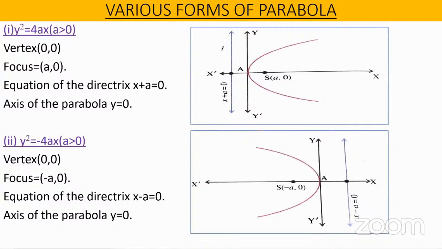So we observed y square equal to 4x and y square equal to minus 4x, which are with respect to the x-axis. Now I am taking it with respect to the y-axis: x square equal to 4ay, where a is greater than 0.